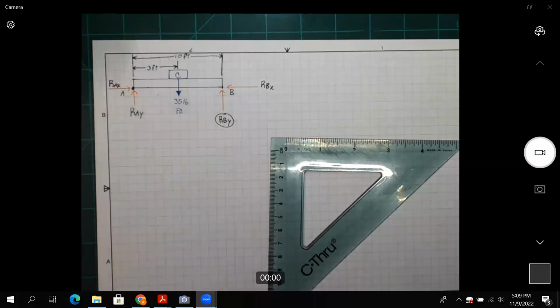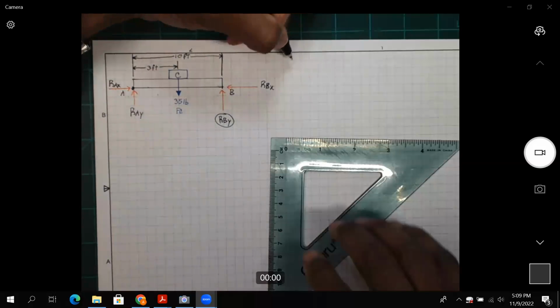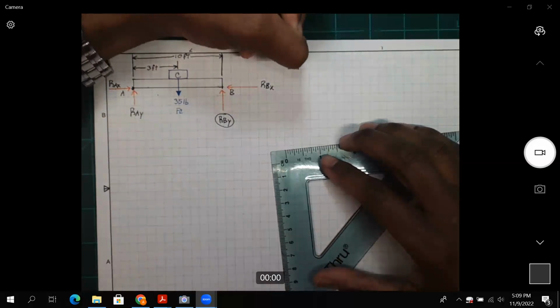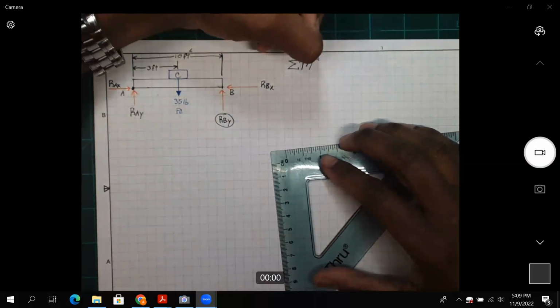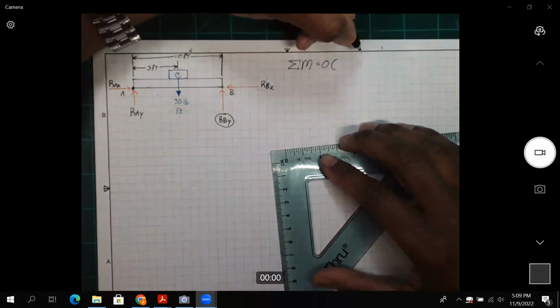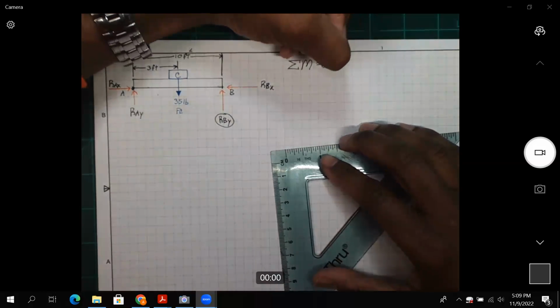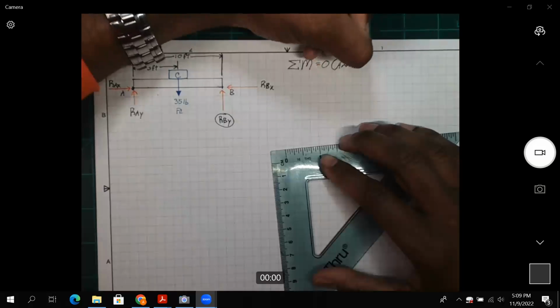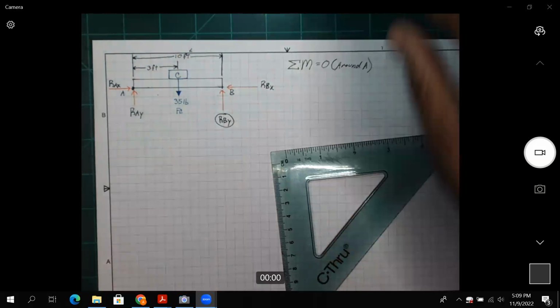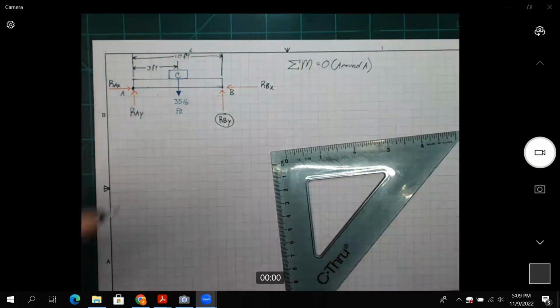Now I'm going to write the formula for moments. We're going to say the sum of moments around joint A equals 0.